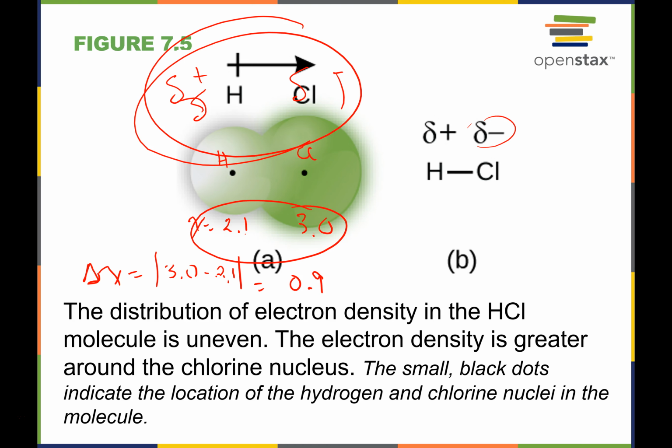So arrows work great. For this, the beginning of the arrow is where it's partially positive, and the tip of the arrow is partially negative. Just keep that in mind, because you're going to see that convention coming up.